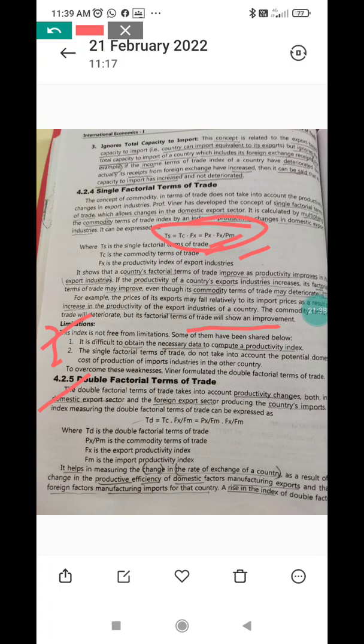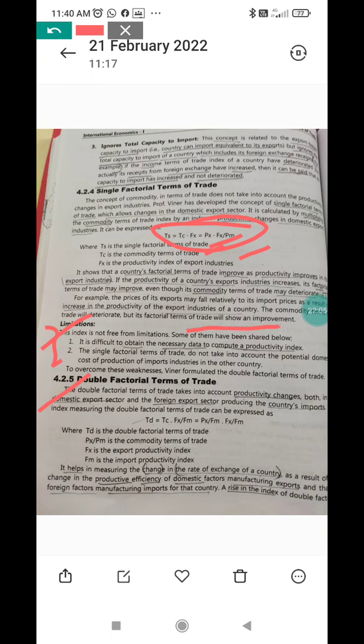Index बढ़ गया है तो productive export increase हो गया है. Producing export has increased relatively in relation to the factors producing imports in other country. Okay?